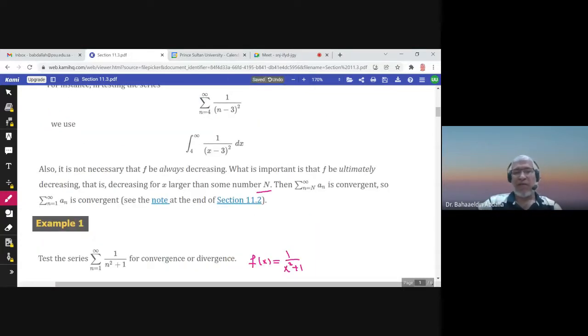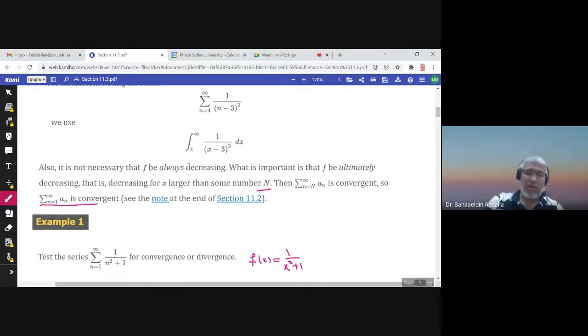And if you find that from capital N to infinity, the improper integral is convergent, then the integral from 1 to infinity would be convergent, and the series from 1 to infinity would be convergent. And we have seen this in section 11.2: adding finitely many terms does not affect the convergence or divergence of a series. So if we add terms from 1 to capital N to a divergent series, it will stay divergent, or to a convergent one, it will remain convergent.